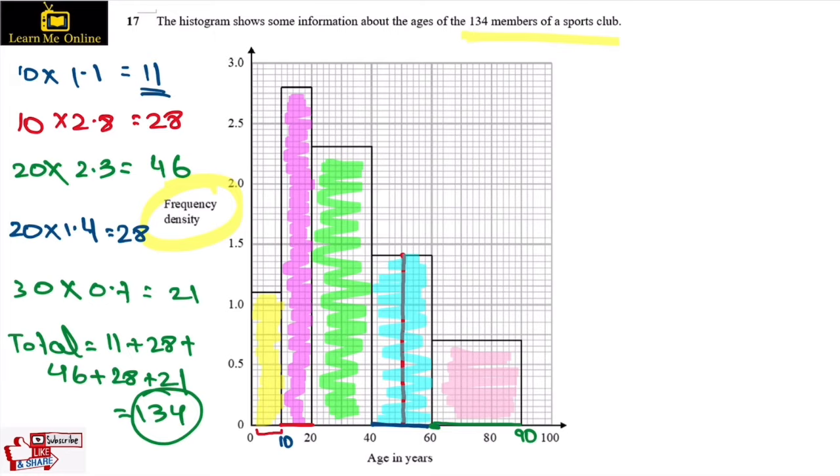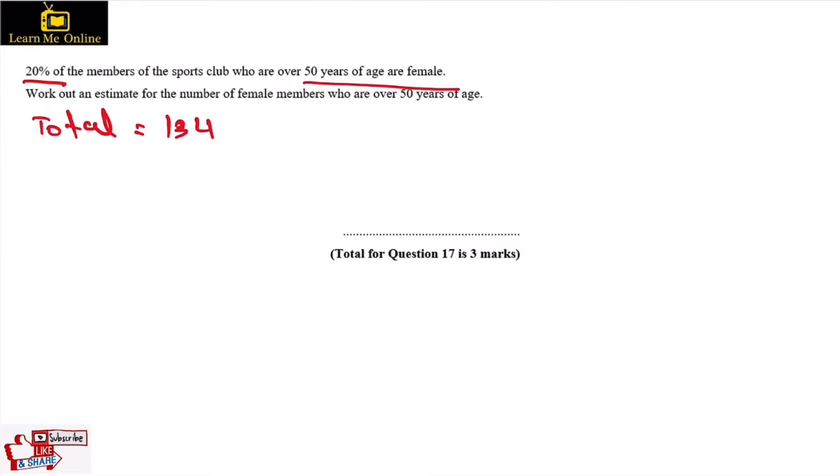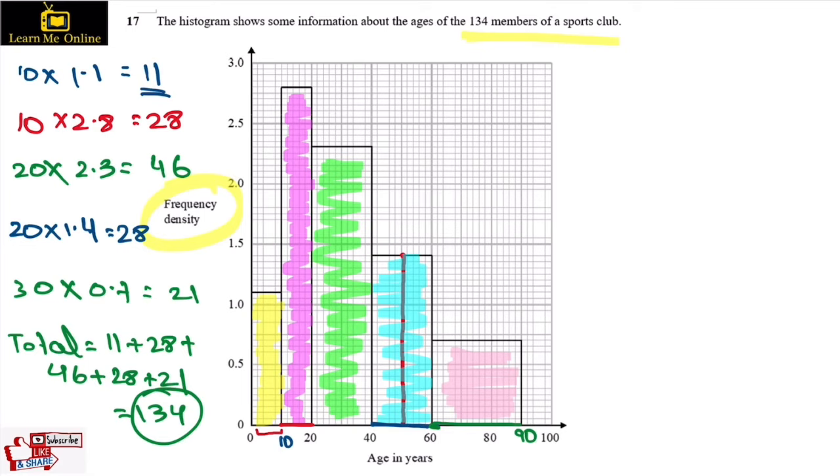Now, going back to the question, it says that 20% of the members of the sports club who are over 50 years of age are female. So how many of them are more than 50? To find the people more than 50 years, I'm going to write it down.